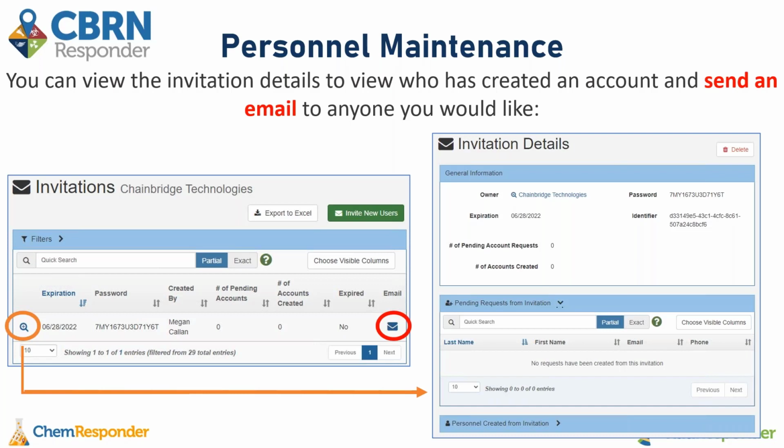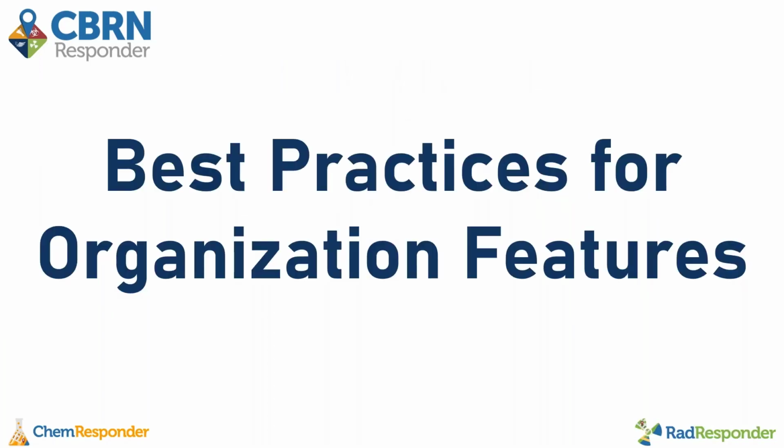So if people do create an account through your invitation, you will see that in the invitation details. So you can see the pending request from that invitation and keep track of who has completed their invitation.